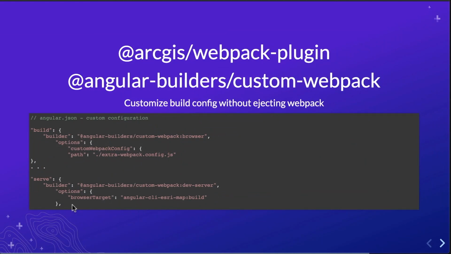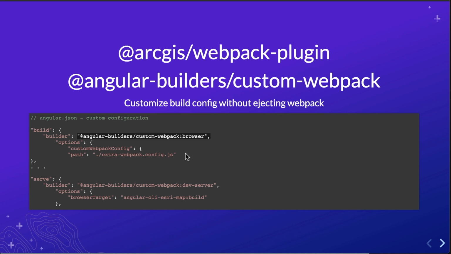Now, once you've installed this, there are some configuration things that you need to do in order to get it to work right, but it's really straightforward. In your Angular JSON, under the build task, you're going to change the builder path to represent Angular Builder's custom Webpack and set that to browser.